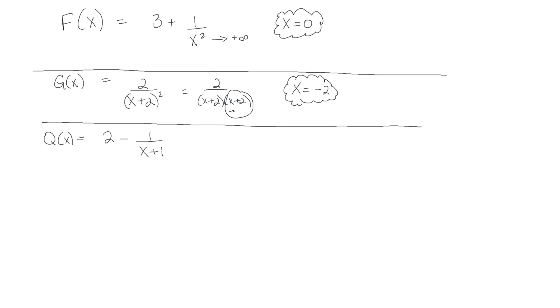I would need to have a -1 here. And that would give me a 0 on the denominator part. So the value that makes a denominator of 0, what they call the asymptote value.